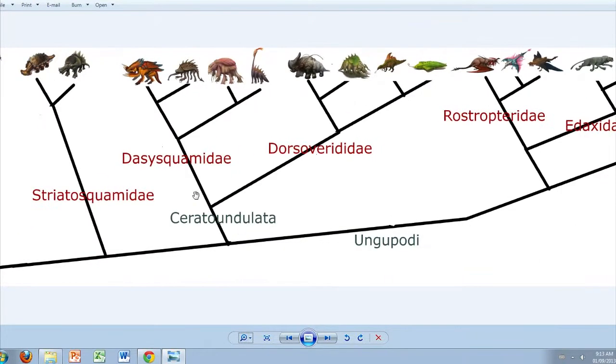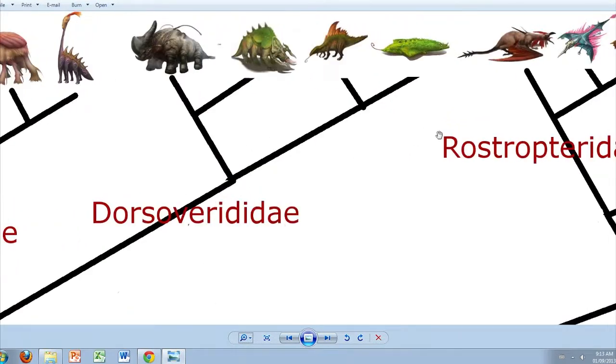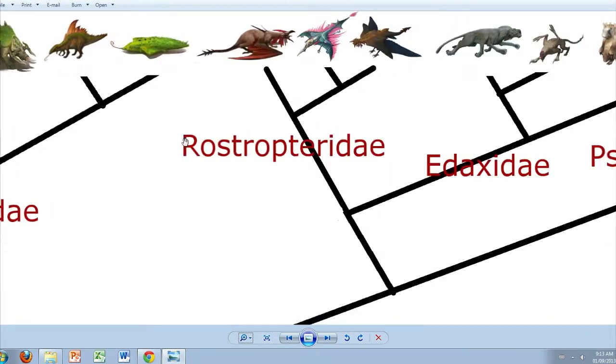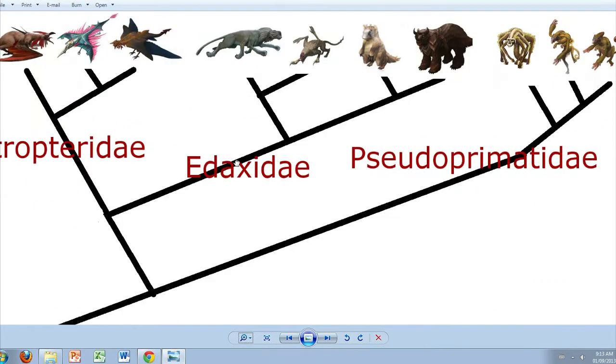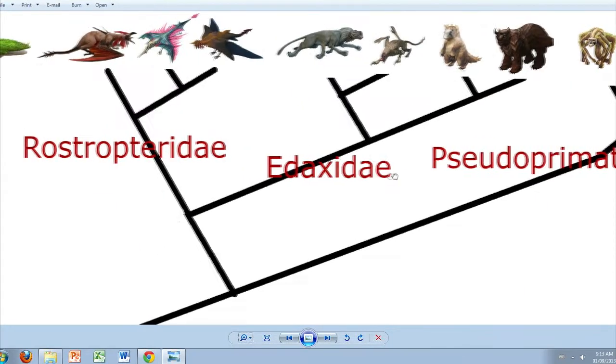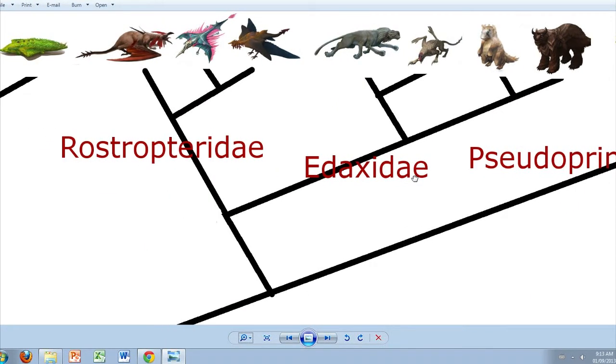Now, an analogous character is a little bit different. For instance, because this is a game, it's very difficult to determine whether a particular character is homologous or analogous.